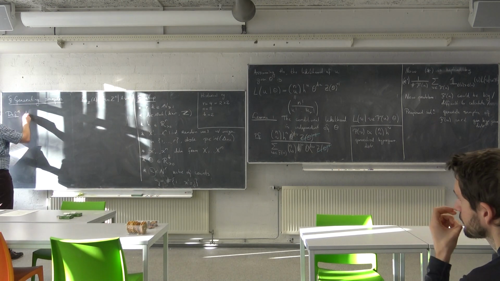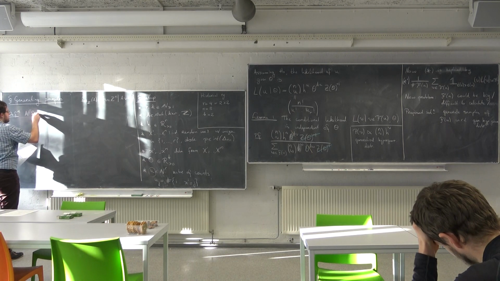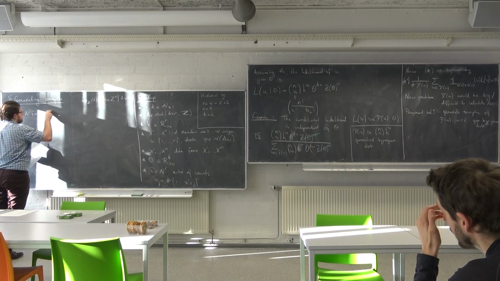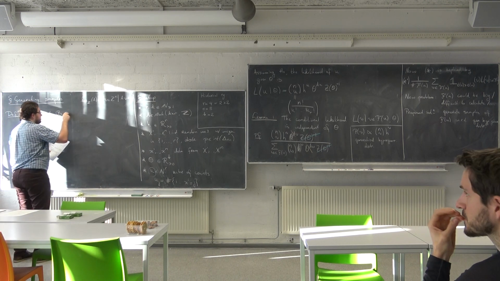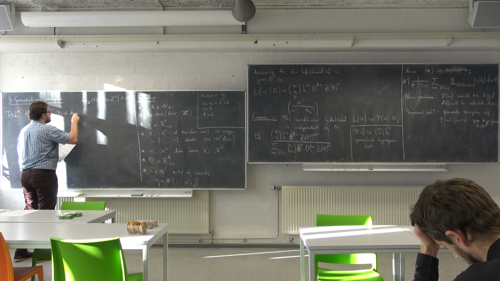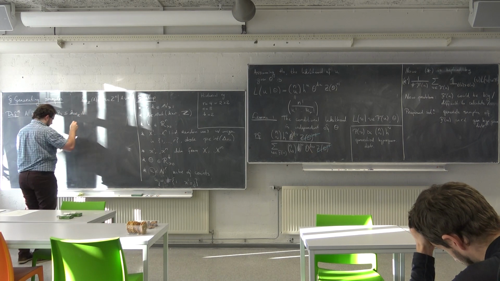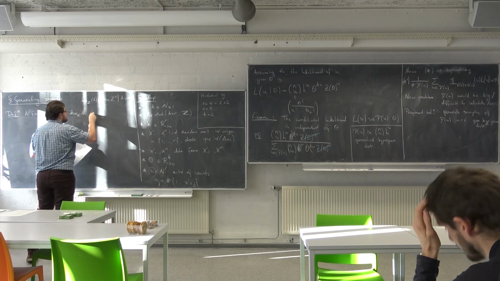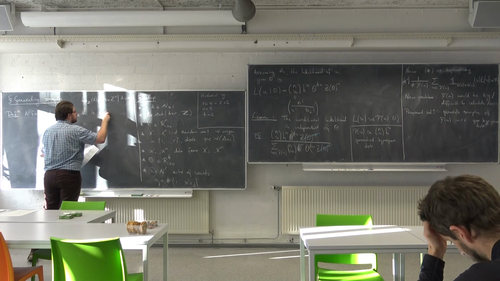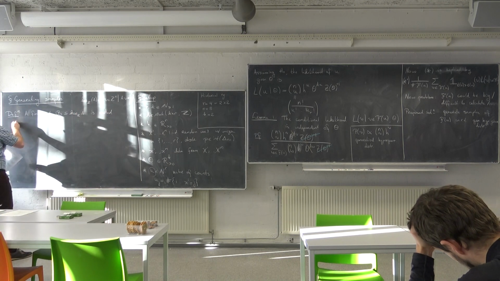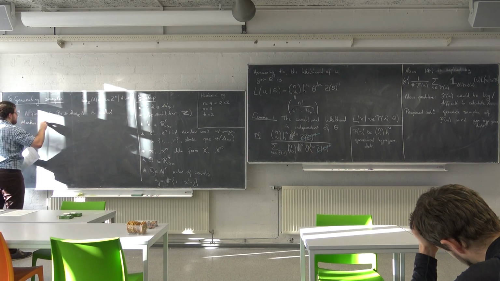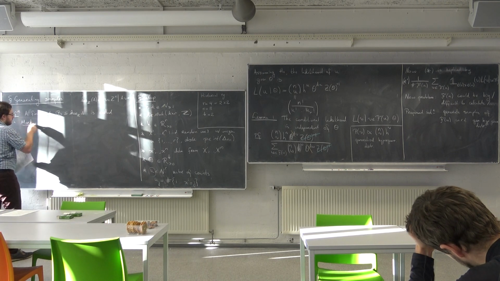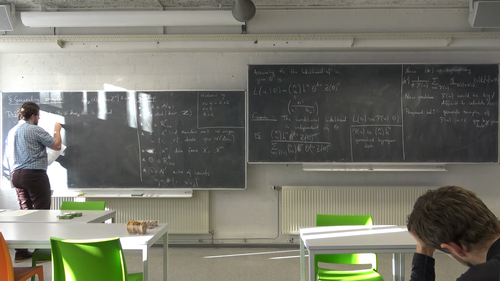But the definition is as follows: a finite set B in this kernel is called a Markov basis for A.